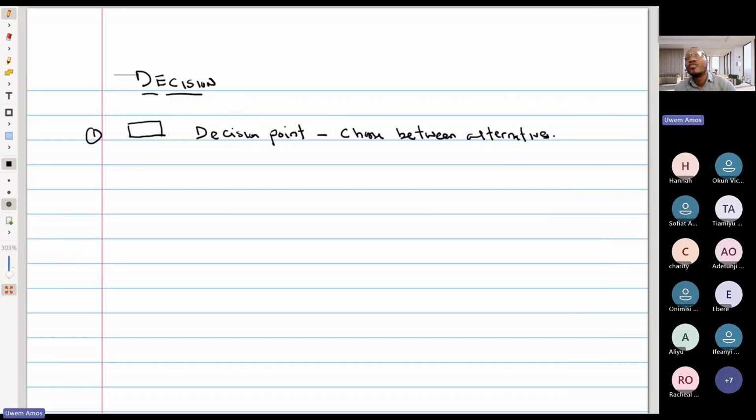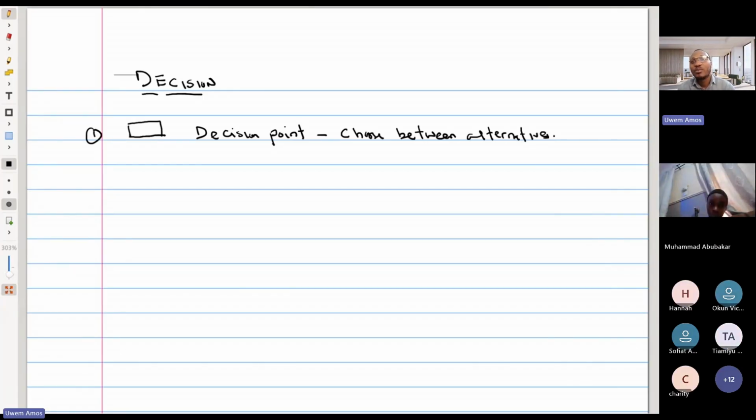It's just like a company trying to make an investment decision and they're trying to choose between, should we, for example, invest in bonds, fixed security, government security, or should we invest in shares or stocks? At that point, a choice needs to be made. And because the choice needs to be made, the appropriate symbol to use would be a decision point. So what are we saying in summary?